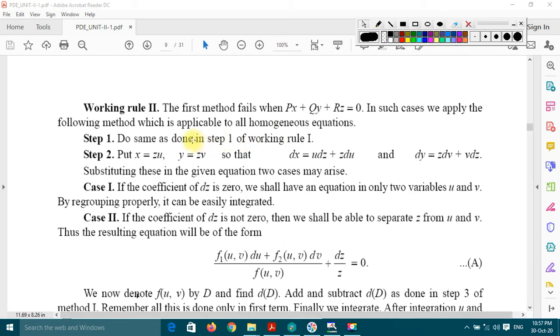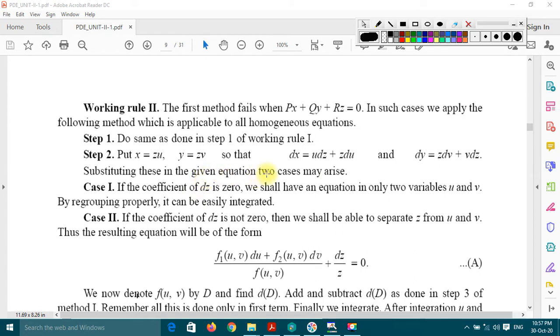First of all, check if it is integrable and Px plus Qy plus Rz is equal to 0. Then go to step 2: put x is equal to zu, y is equal to zv, so that dx is equal to u dz plus z du and dy is equal to z dv plus v dz, and substitute this in the given equation.